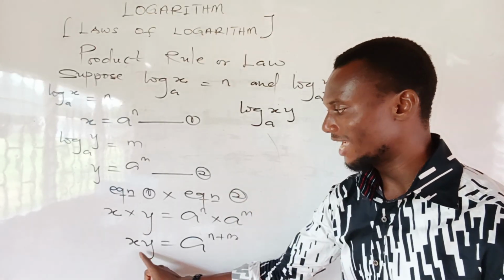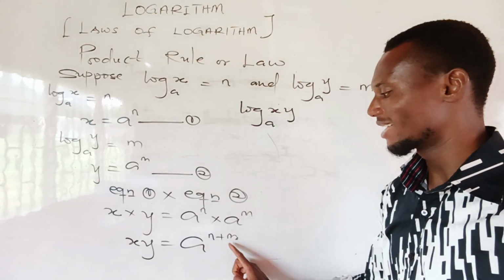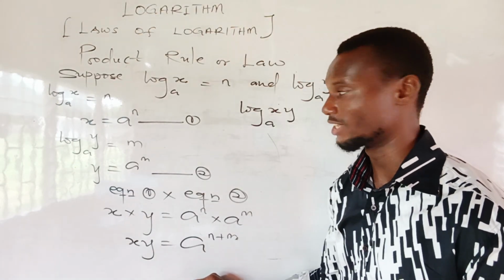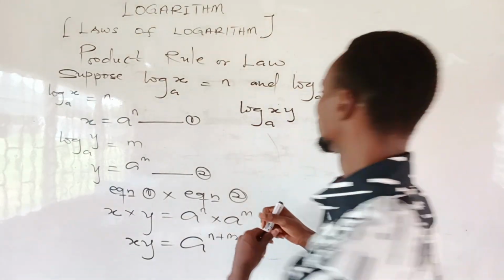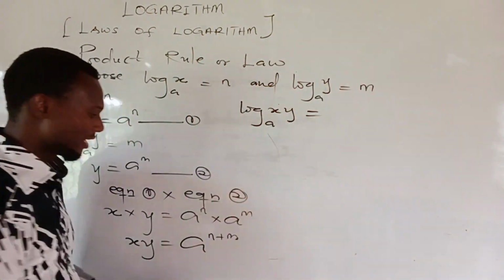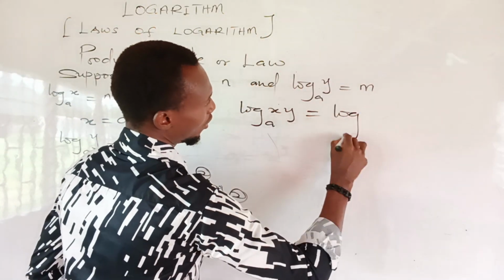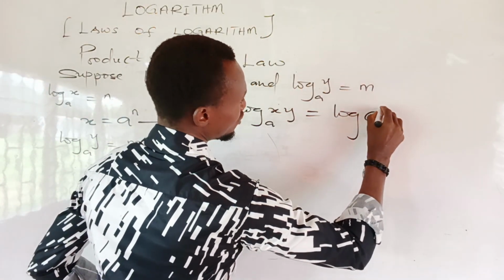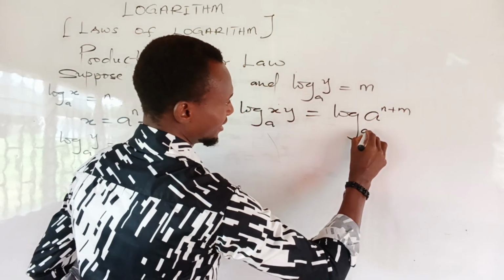So we just want to take the log of both sides. The sy, I'll take the log of it, and this a to the power n plus m, also I'll take the log of it. So the log of sy to the base a should be equal to, the right hand side also I take the log of it. So I'm going to have the log of a to the power n plus m to the base a.